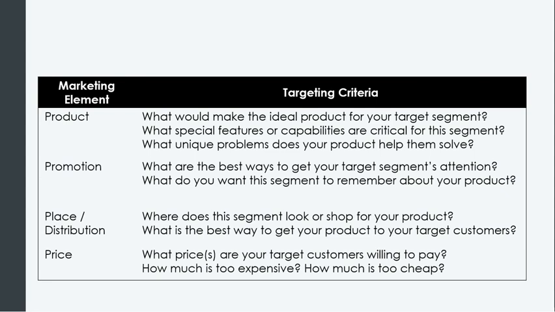We know the marketing elements are the four P's: product, promotion, place and price. For the product, the targeting criteria is what would make the ideal product for your target segment or target customer. You have to make a product somehow depending on customer needs. What special features or capabilities are critical for this segment?